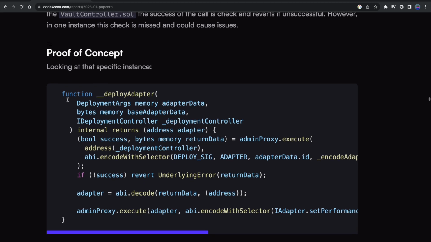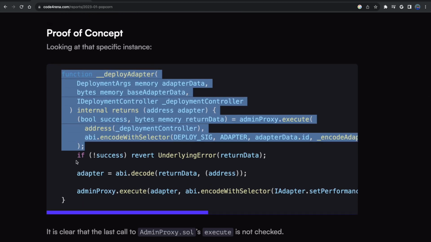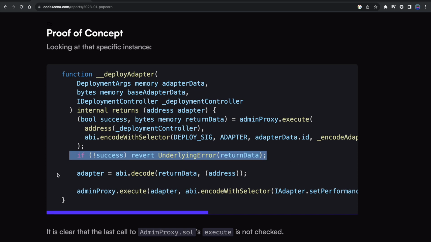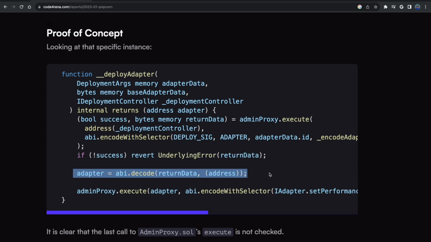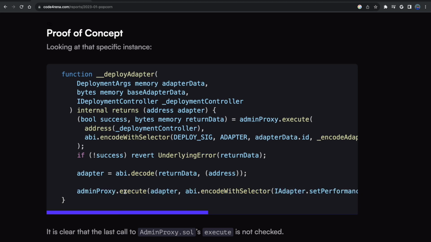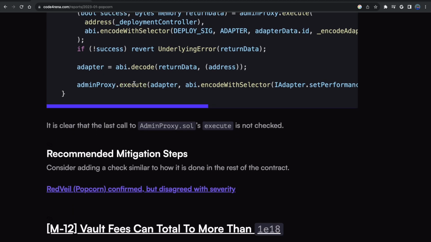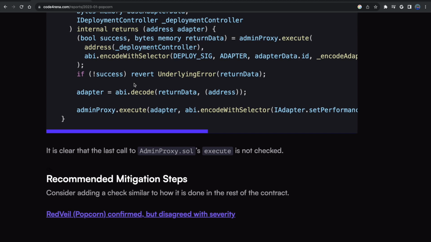So in this deployer adapter function, we make some other calls, we do a decode, and then we perform this admin proxy execute. It looks like this execute function is being performed, but there's no way to determine if it is actually a success or not.